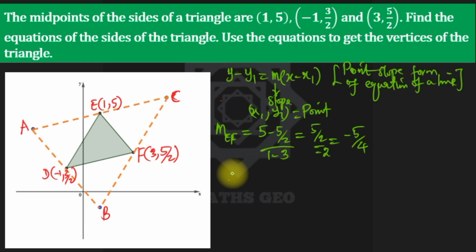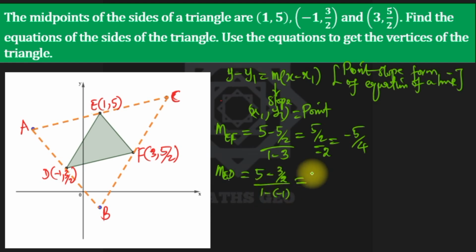So let's get the slope of ED. The slope is change in y, which is 5 minus 3/2, over 1 minus (-1).